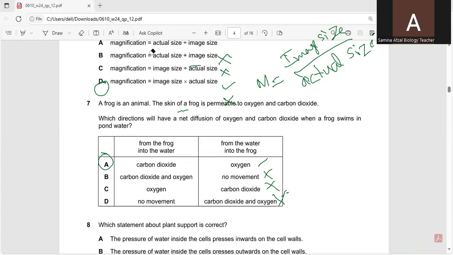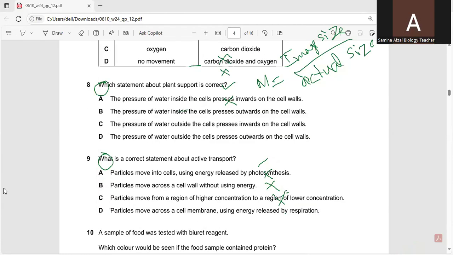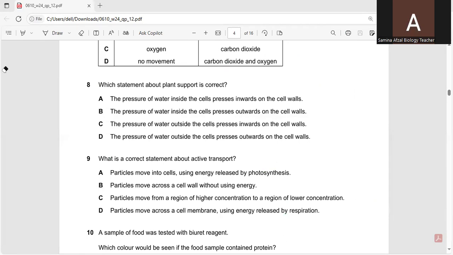So, moving towards the next question, question number 8. Which statement about the plant cell is correct? The pressure of water inside the cell presses inward onto the cell walls.